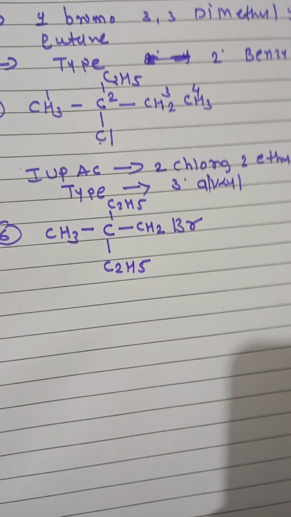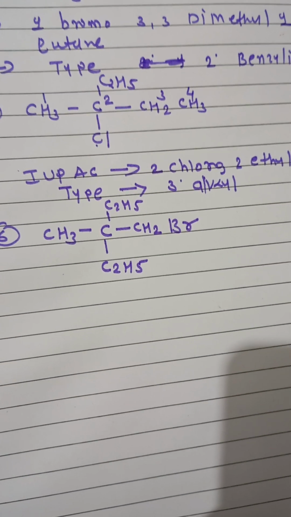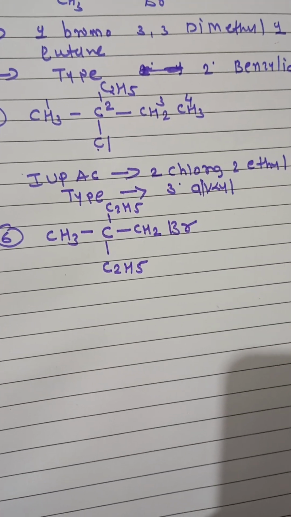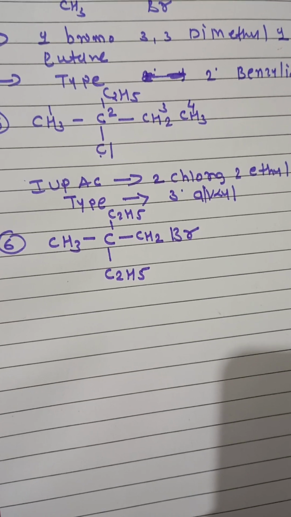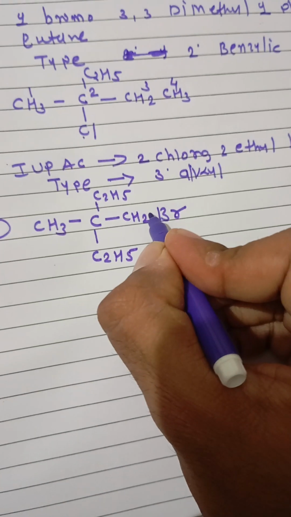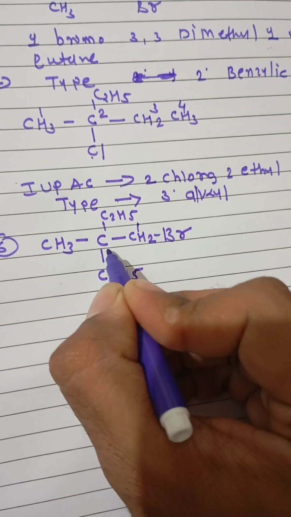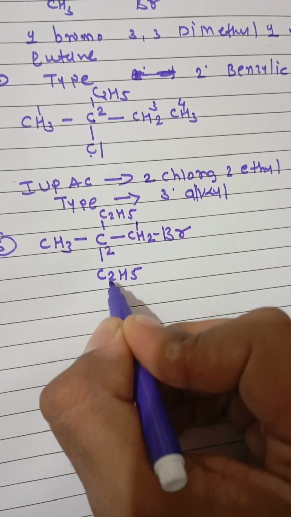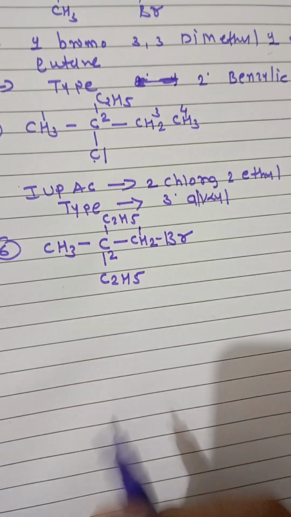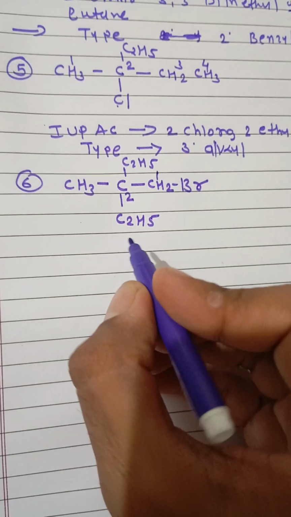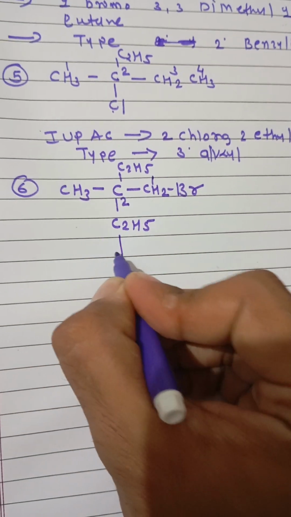This kind of thing is given to us. We have to make a long chain of carbon, and also consider that Br should possess the lower number. So we start numbering from here, 1, 2. First we simplify the structure and then we apply the name.